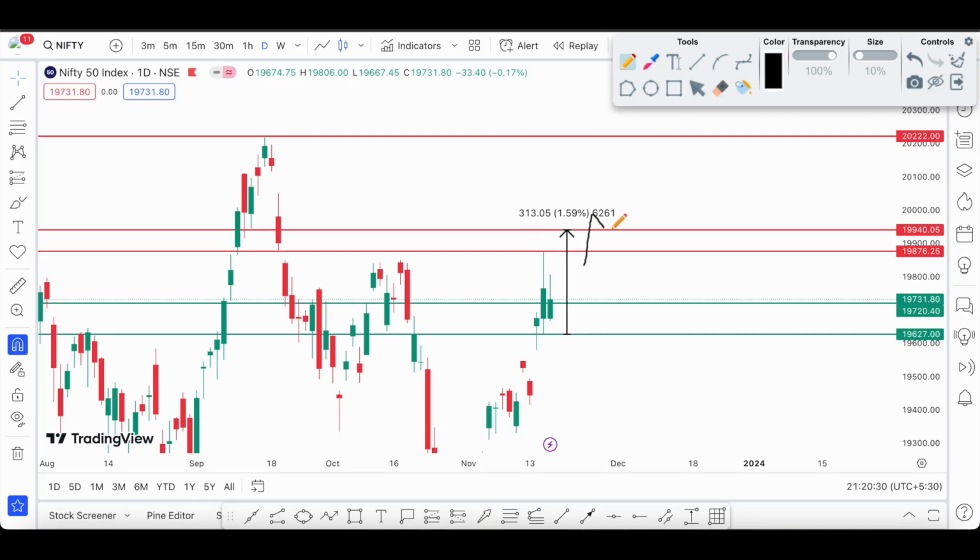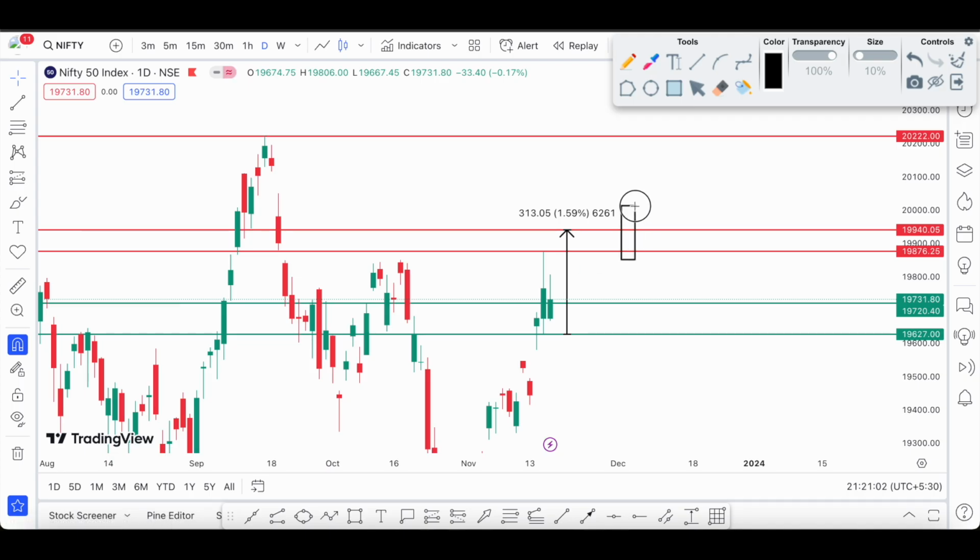For now, if this breaches, and especially 20,222, that is this swing high, from these ranges I would be very cautious, and I would discuss in the daily analysis how this is breaching out.